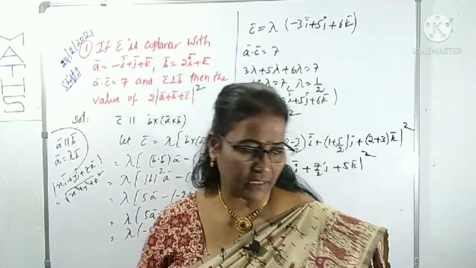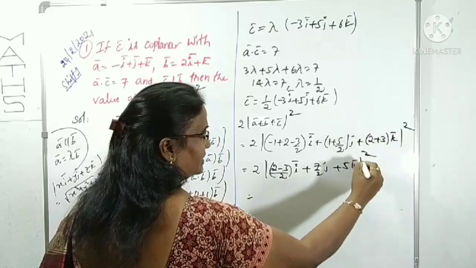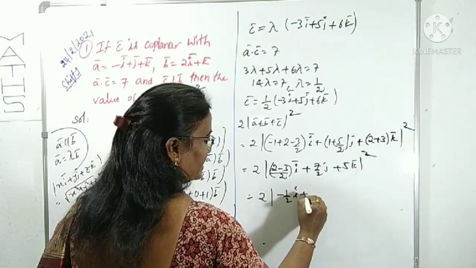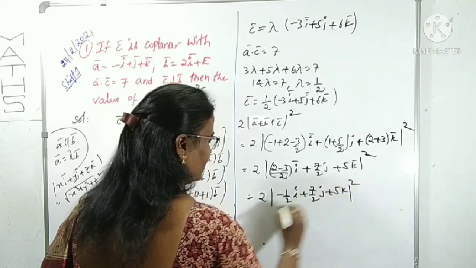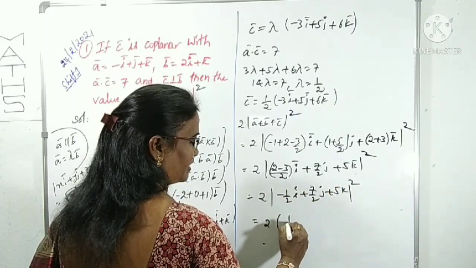Now it will be in the form of root over something. Here whole square, we can take whole square. This is 2 times of mod of minus 1 by 2 i plus 7 by 2 j plus 5k under modulus square. You know square means square root gets cancelled. Simply x square means 1 by 4.